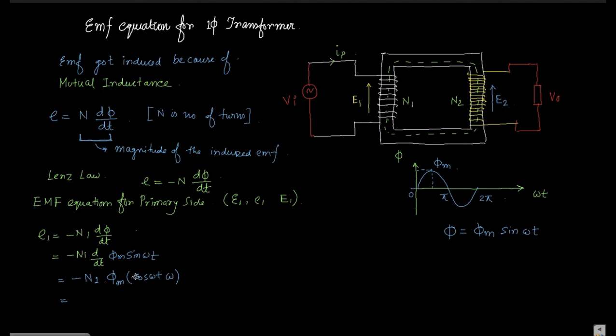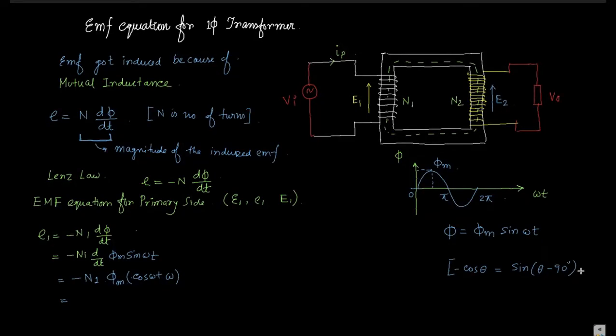But as the applied voltage is alternating in nature, and phi is a sine function, it will look nice if we express this E1 in the form of sine. So we know that minus of cos theta is equal to sine of theta minus 90 degree.